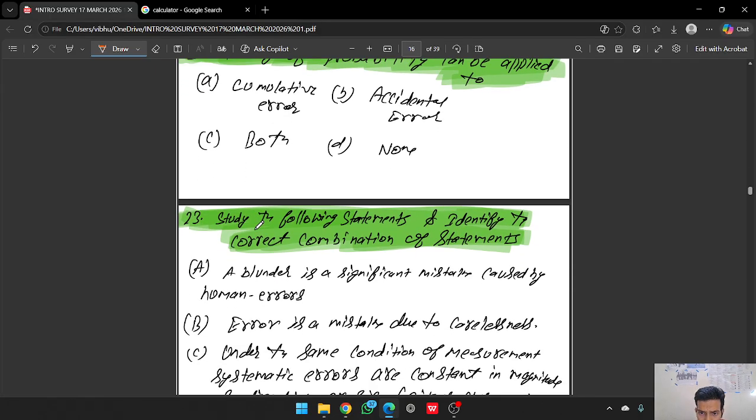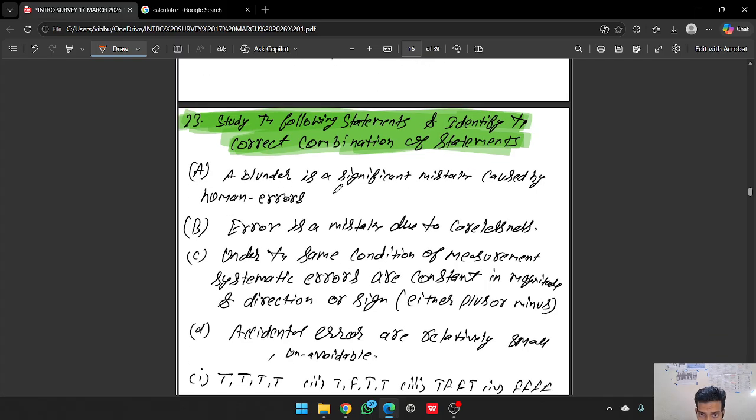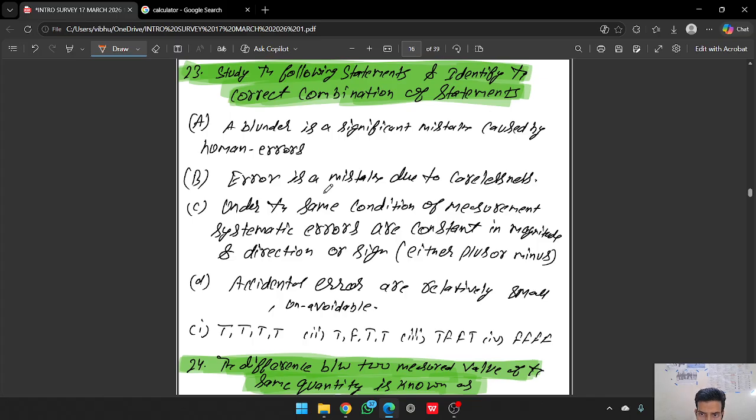Study the following statements and identify the correct combination. A blunder is a significant mistake caused by human error. Error is a mistake due to carelessness. Under the same condition of measurement, accidental errors are relatively small and unavoidable.